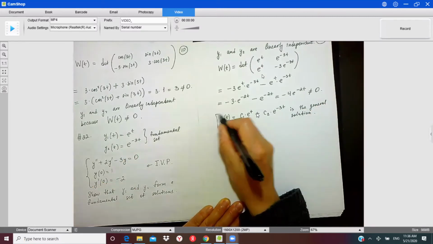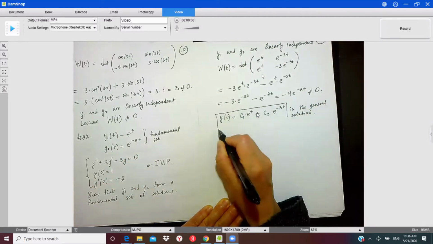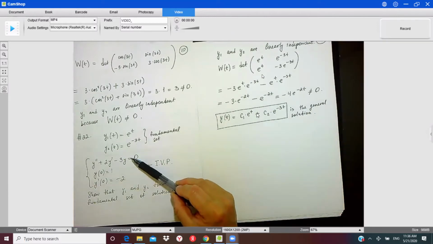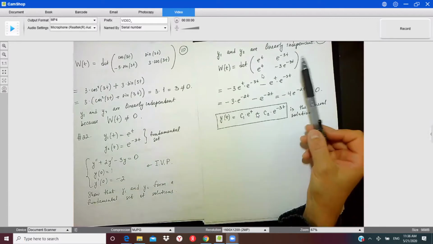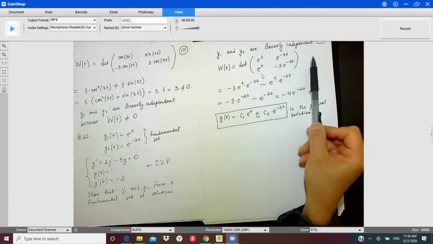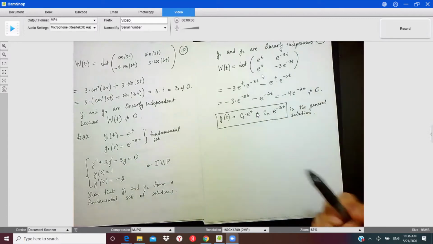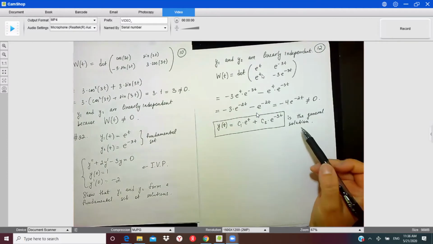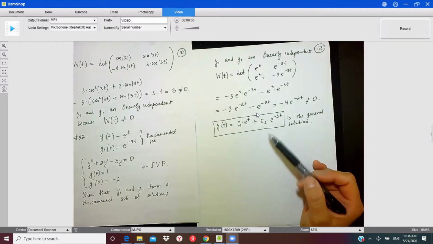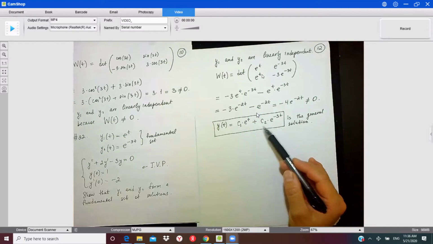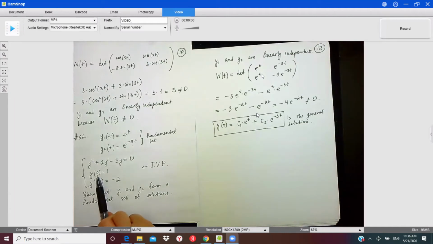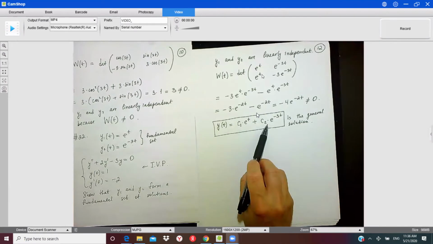So if you have a fundamental set, you proved that they both satisfy the DE, and you also showed that they're linearly independent. So once you have that fundamental set, you have the general solution, which is a linear combination of those two functions, y sub 1 and y sub 2.